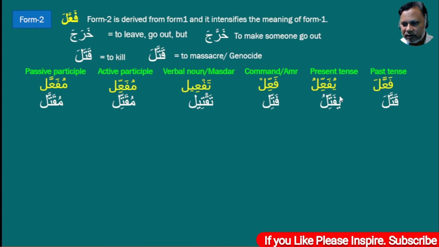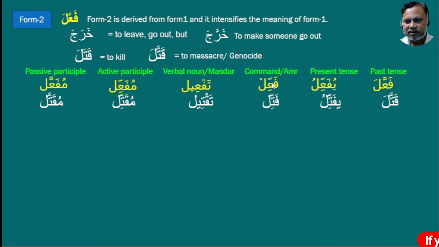I'm sorry, the formula is yufa''ilu, so here it will be yukattilu, the present tense, and the command will be kattil. Again, it is a mistake, it is not fa, it will be ka for kataba. It will be kattil. And the verbal noun will be taktil, from taf'il.